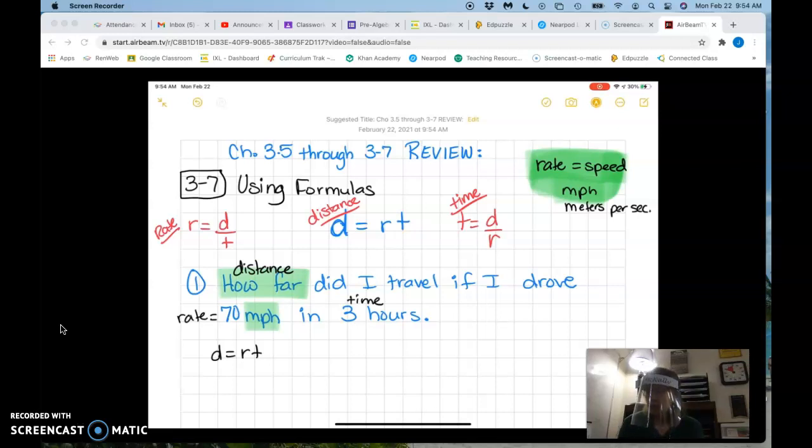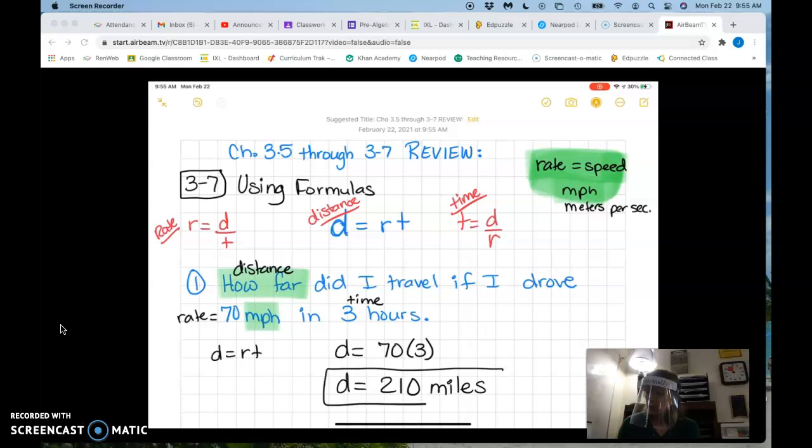So all I have to do is say distance equals 70 times 3. If I'm going 70 miles an hour for 3 hours, what does that equal? 210. Yep. And we're talking about miles. So how far did I travel in 3 hours? 210 miles, which is a little bit past Orlando.